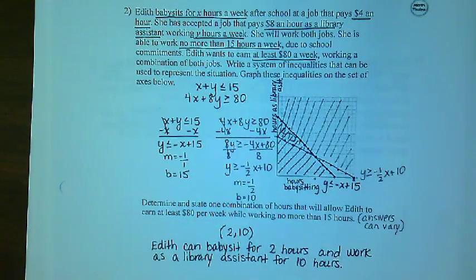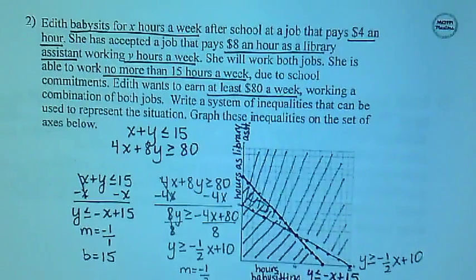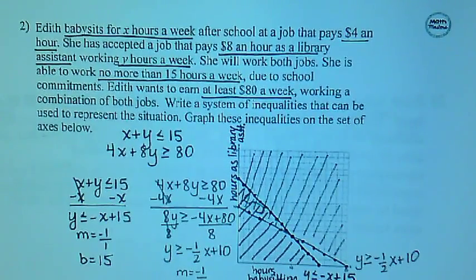When I say to break it down, what I mean is you have to do your underlines. It's important that you know babysitting is X. The library assistant is Y. That's important when we talk about the money. Remember, at least is going to mean greater than or equal to. No more than means that we cannot go over 15 hours.